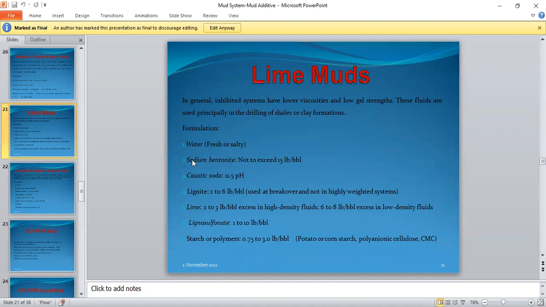I told you sodium bentonite is montmorillonite, while the salt bentonite is attapulgite. So you see fresh water, bentonite, or clay, caustic, polymers. Then these ones, lignite, lime, and lignosulfonate are the ones representing the lime mud.